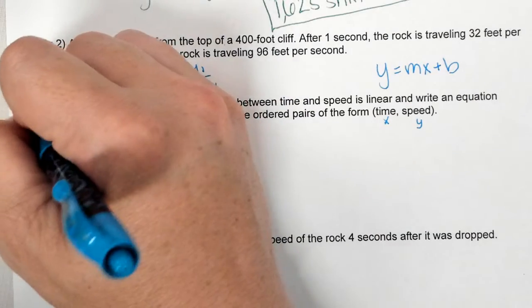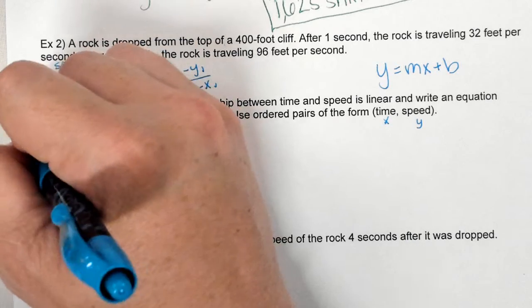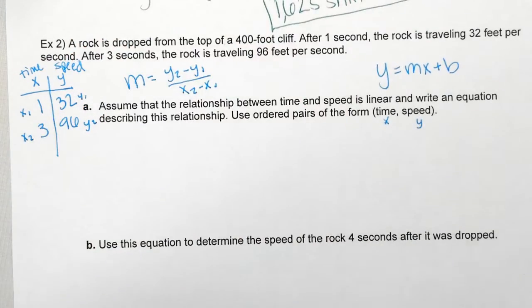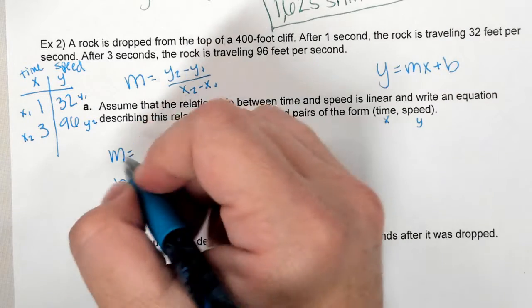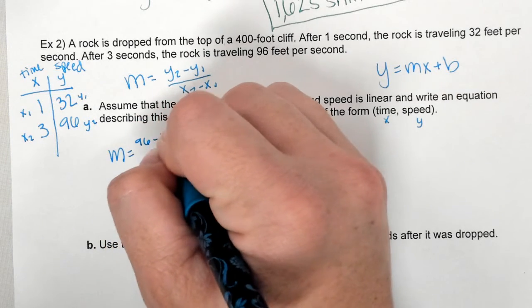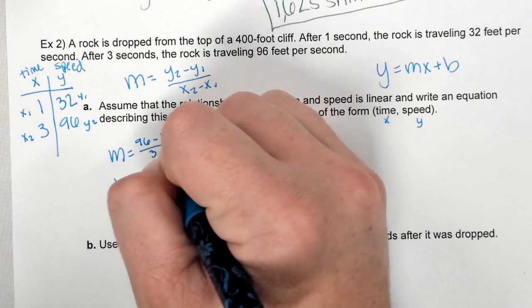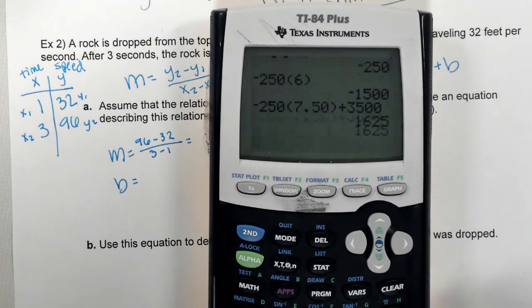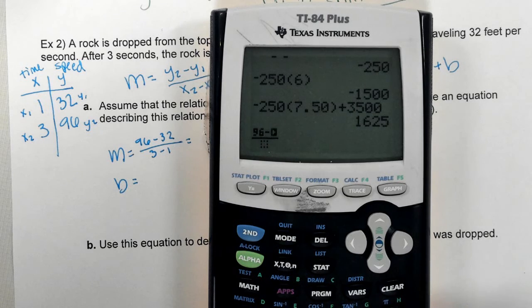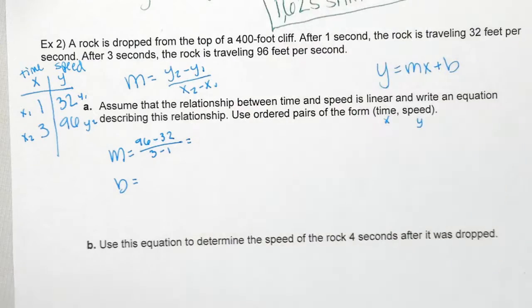This is my x1, y1, x2, y2. I still have to find m and b. So I know 96 minus 32 over 3 minus 1 gives me 32 for my slope.